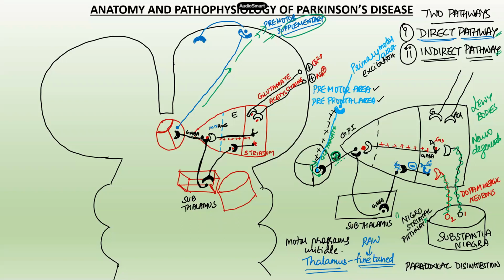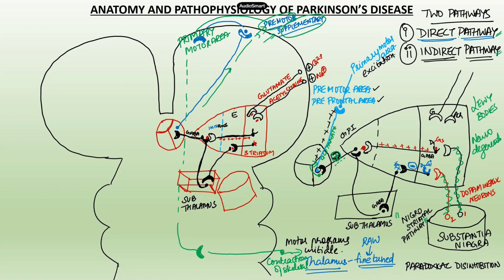And when they get inhibited, they won't be able to send impulses to the primary motor area. As you all know, from the primary motor area arises the corticospinal tract, and that ends in the lower motor neuron coming out and directly causing contraction of the skeletal muscle. So that is what happens in Parkinson's disease.